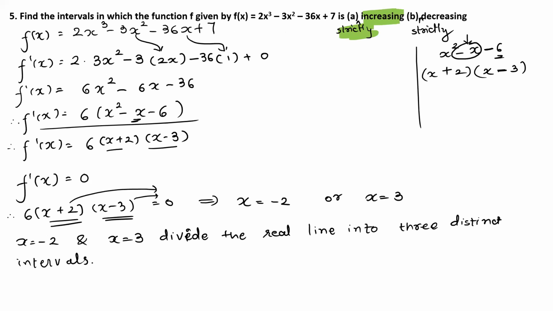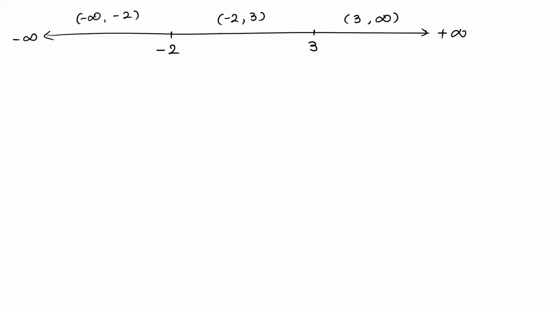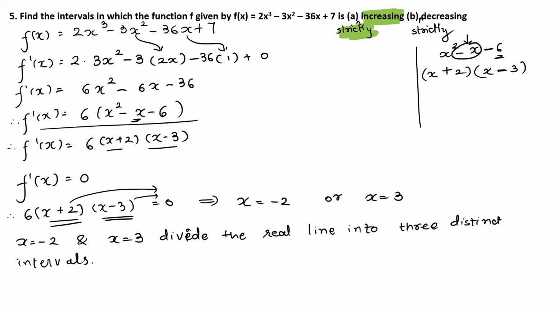Three distinct intervals. Which three intervals are there? So you can see minus infinity to minus 2, then minus 2 to 3, and then 3 to infinity. We made three intervals like this.